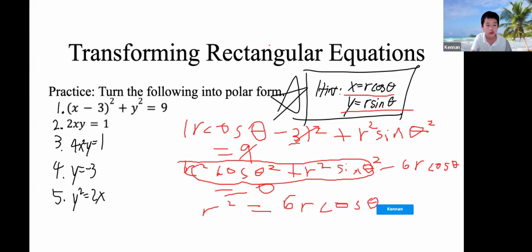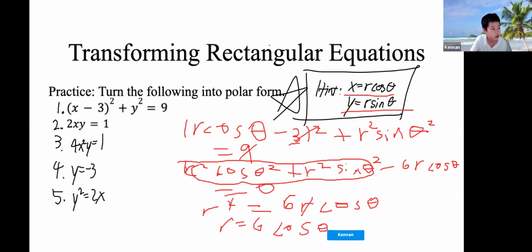And then assuming r does not equal 0, even if it's 0, it'd just be the origin, we can cancel out r, and we get r equals 6 cosine theta. Okay, so for the first one, we get r equals 6 cosine theta. I hope y'all understand that.